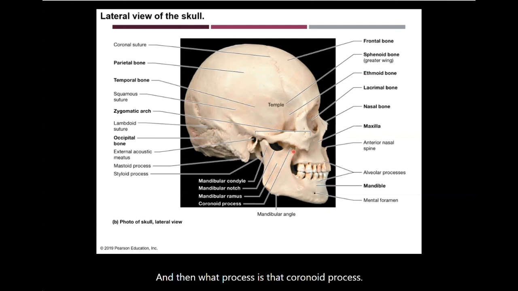And then what process is that? Coronoid process, okay? And then for the sutures, what do we call the one between parietal and frontal? And then between the two parietals, sagittal. Between the temporal and the parietal, squamous. Between parietal and the occipital, lambdoid. Okay, good. And then the rest were okay, right?